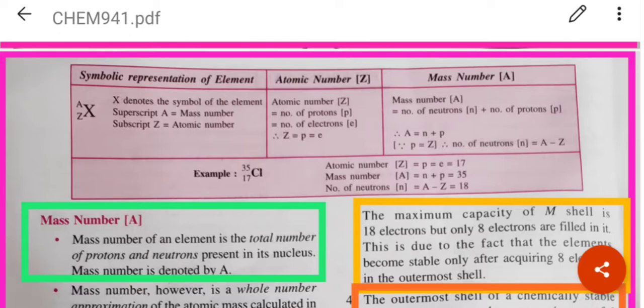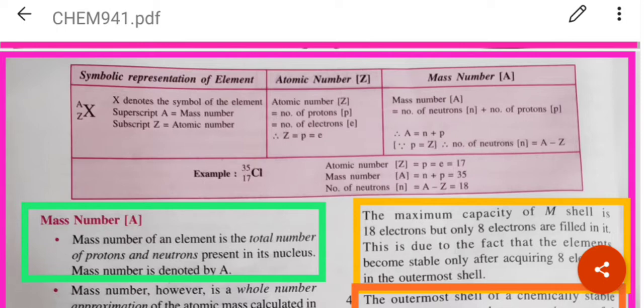Okay, so what is atomic number? It is equal to the number of protons, which is also equal to the number of electrons. And mass number is the sum of the number of neutrons plus the number of protons. Okay. So if we need to find the number of neutrons, then what can we do?